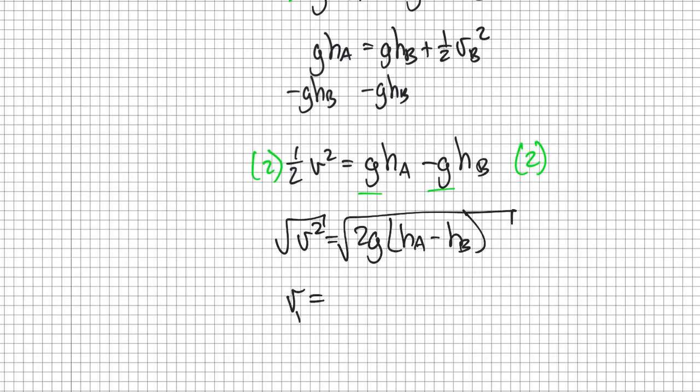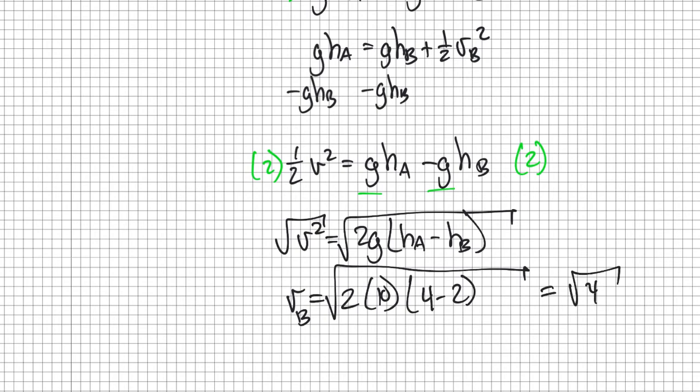And I get that the velocity at B is equal to the square root of 2 times 10 times (4 minus 2). So that's what? 2 times 10 is 20, times 2 is 40. So that's the square root of 40. So my velocity at B is going to be 6.3 meters per second.